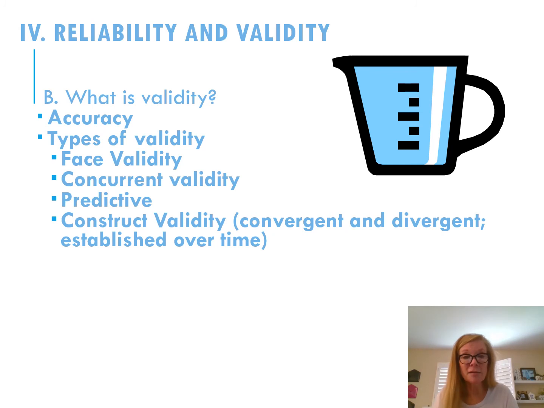In contrast, divergent validity is used when you are examining two different constructs, but using the same modality. So, as another example, if I'm constructing my own paper and pencil measure of depression, I might want to correlate that with a paper and pencil measure of anxiety.